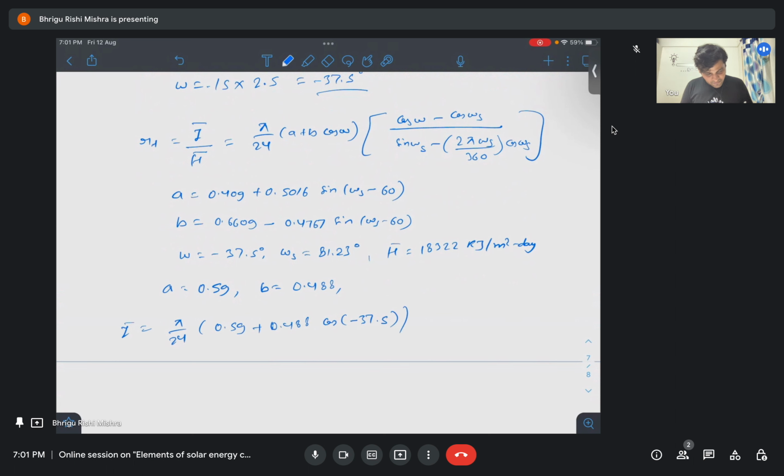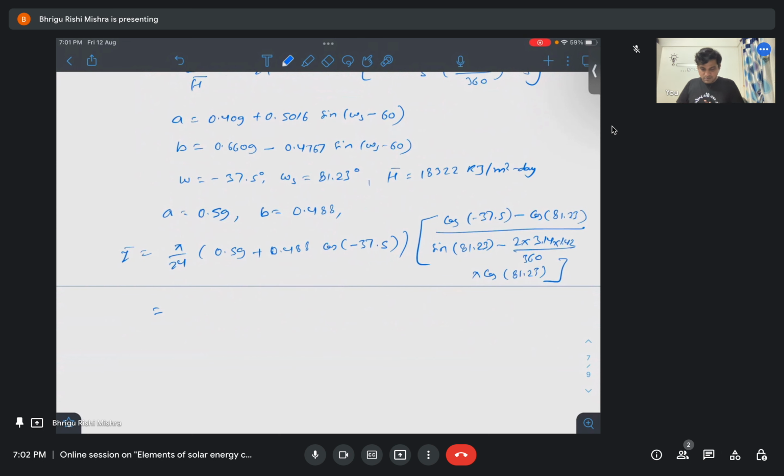Now this one: cos of minus 37.5 minus cos 81.23 divided by sine 81.23 minus 2 into 3.14 into omega s in radian, which is 1.42, divided by 360 into cos of 81.23.